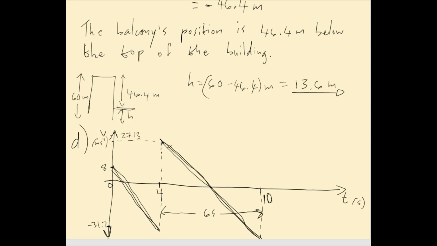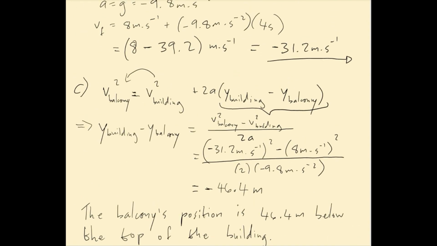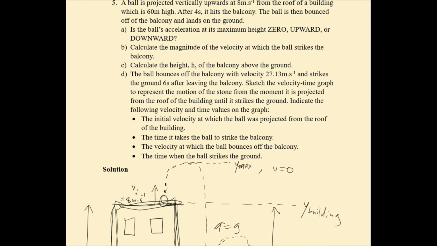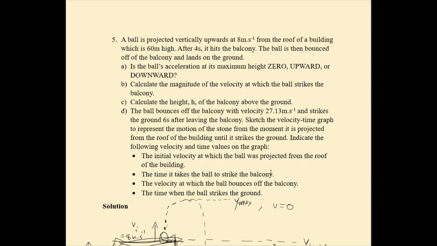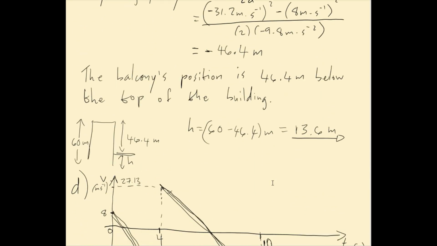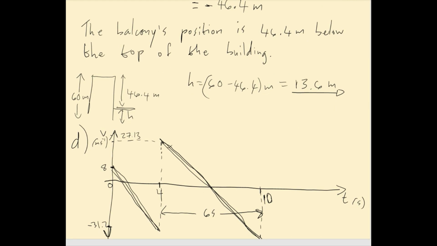Let's see if we've identified everything we needed to from the problem. What did the problem want? The initial velocity to which the ball was projected, that is there. It's 8. Time it takes the ball to strike the balcony, yes, we've got it. We can put it here if we want to: strikes balcony. Never be shy to just add additional information, make it easier for the marker.